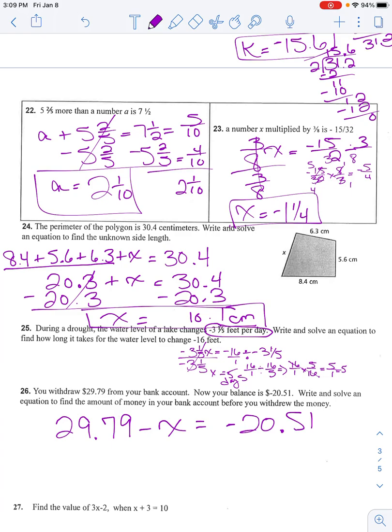Okay. So there's my problem. So we're withdrawing it, which means we're taking it out. Okay, 1 second. I'm going to write this another way.